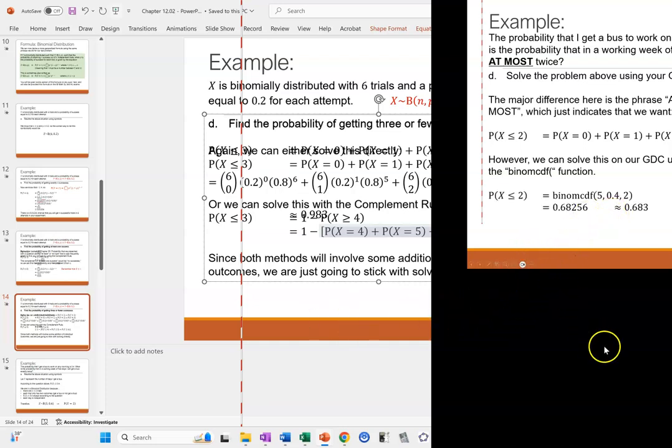If I go second and then vars, I pick binomial CDF and enter 5, 0.4, and 2. It spits out exactly the same thing as I would have gotten if I did the PDF for 0 plus the PDF for 1 plus the PDF for 2. It just cut through the hassle of having to do that.